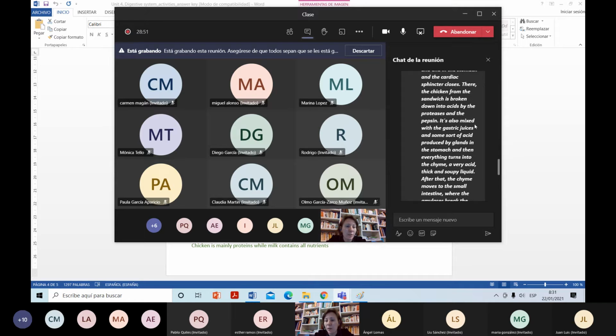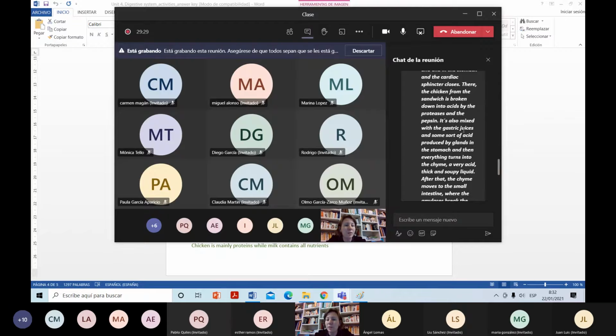It's also mixed with gastric juices and some sort of acid. Well, gastric juices contain the pepsin and the acid. So you could say that the chicken from the sandwich is mixed with gastric juices that contain pepsin, and this pepsin will help break down the proteins into amino acids.